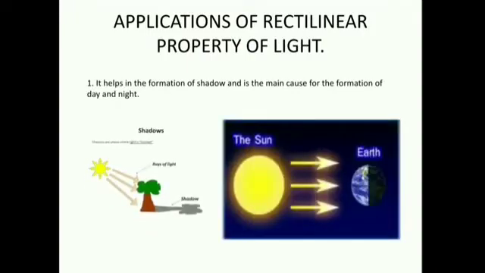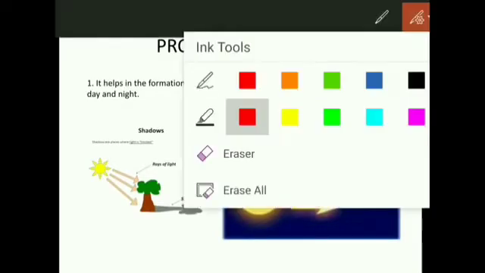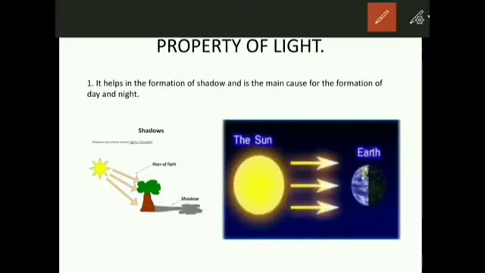Look at diagram number 1. Here the light is traveling in a straight path, and when this light strikes this tree, light cannot change its path, it is always in a straight line. When this light strikes the tree, it forms a shadow on the ground. This is because of rectilinear propagation of light.